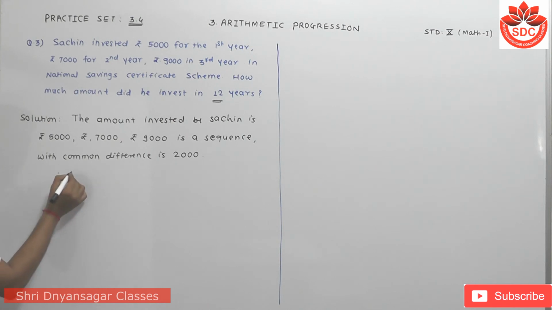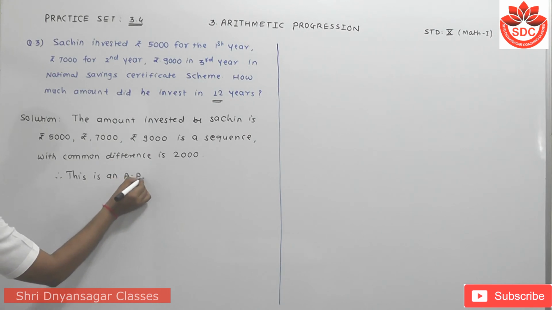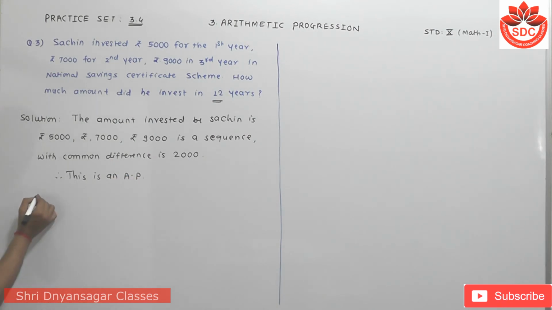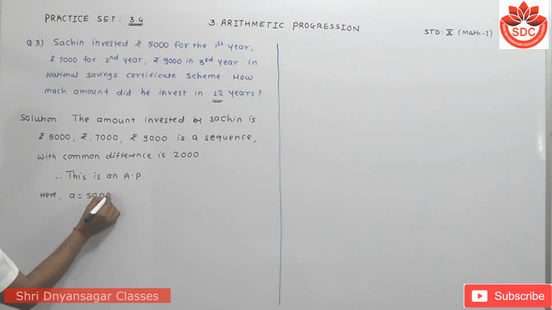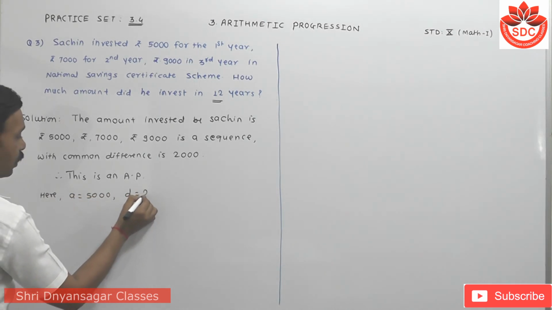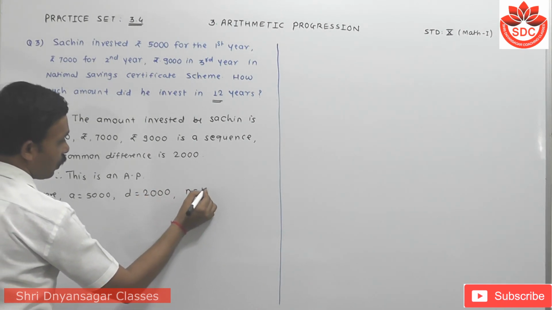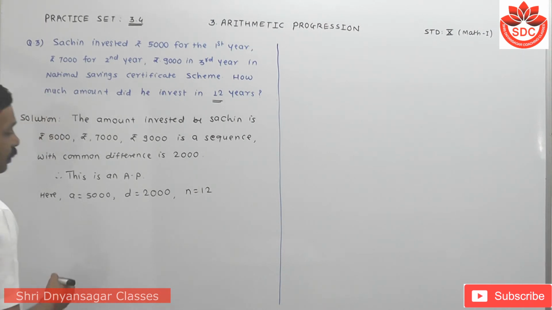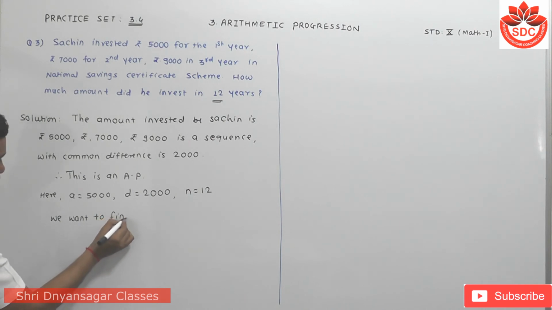Therefore this is an AP, arithmetic progression, where a is 5000, d is 2000, and n is 12.